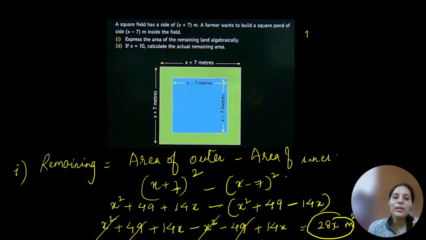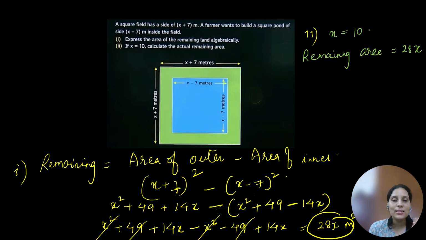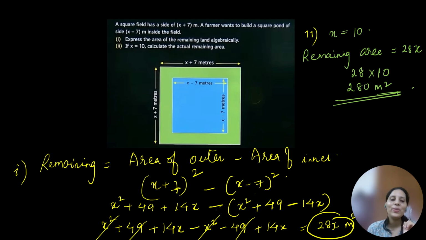Now next bit is, if x is 10, calculate the remaining area. What is the remaining area that we found? 28x? Yes. So 28 into x is 10. So remaining area is nothing but 280 meter square.